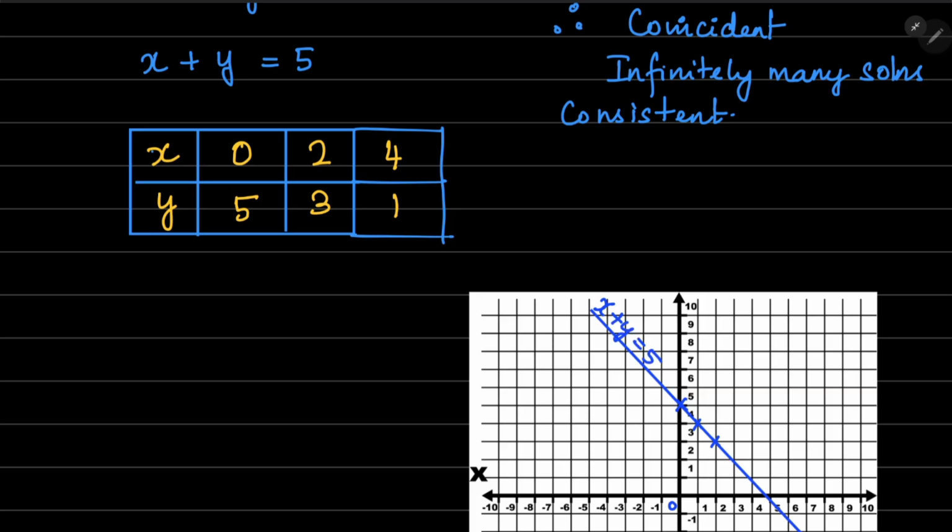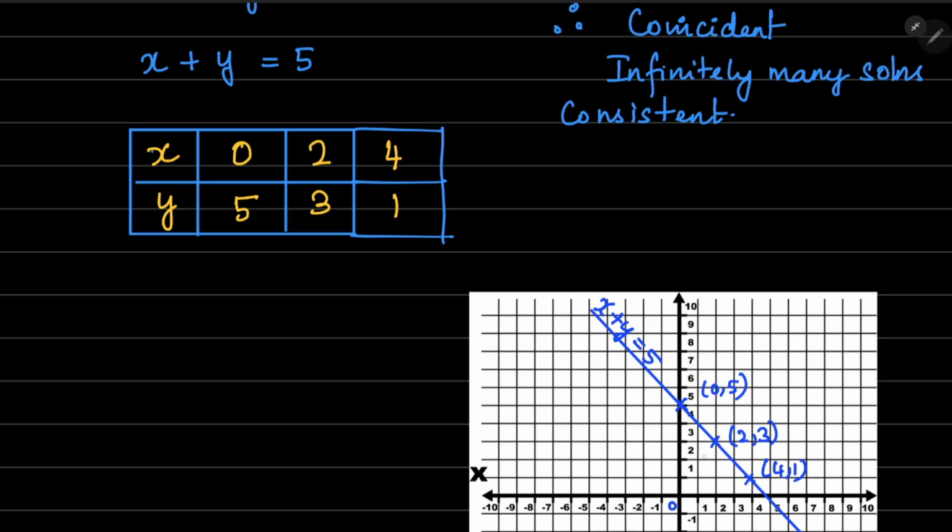Now here if you see, let me write the points also. So first point is 0, comma 5. 2, comma 3. 4, comma 1 is another point. Okay, here I think I made a mistake. There is no point here, right? 2, comma 3 is another point, 4, comma 1 is another point.